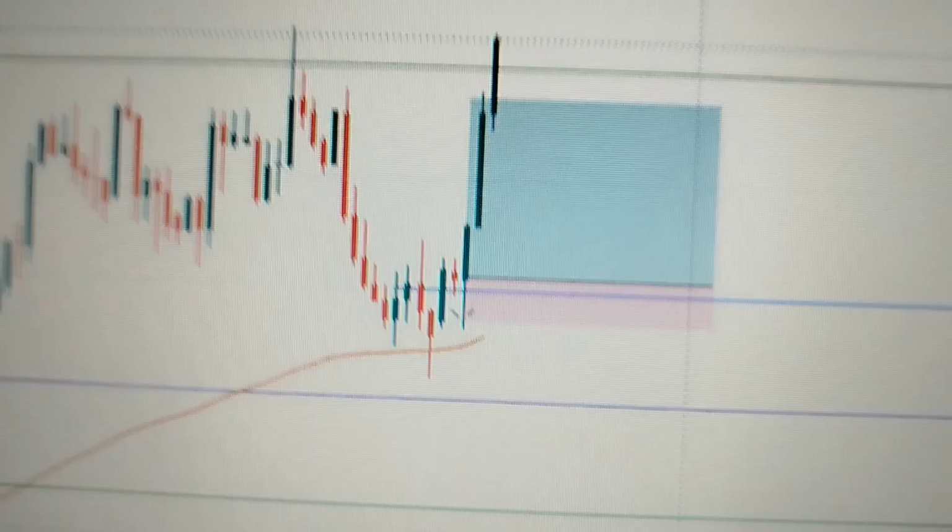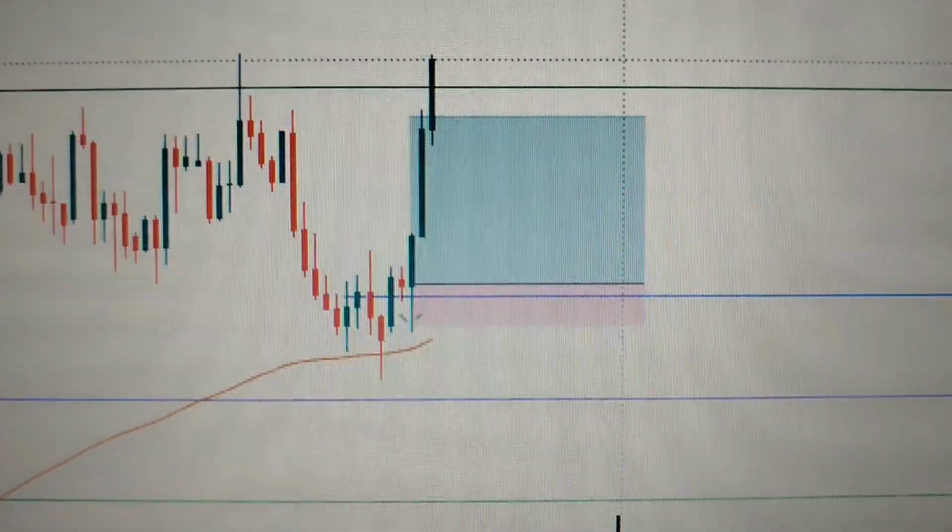If I don't, I can't believe this has happened, bro. This is insane. Look at that. This is crazy, bro. This is crazy. And something was just telling me, just use 30 pips. But I wanted 1 to 4.